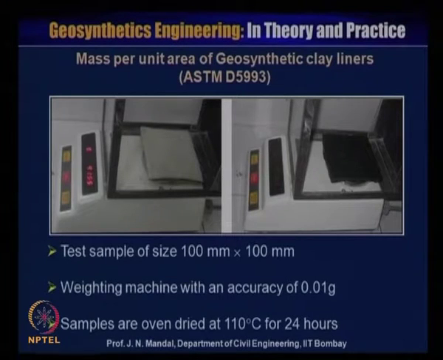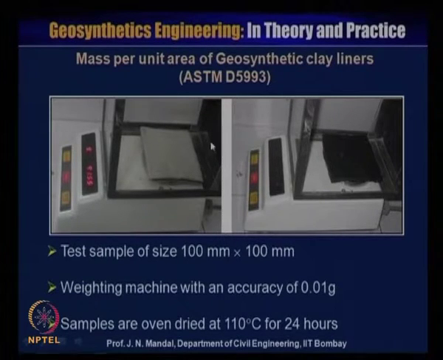Initially we have to calculate the mass per unit area of the geosynthetic clay liner as per ASTM D5993. This is a very simple way to determine the mass per unit area. You can see this is the sample, this is the white color and this is the black color.